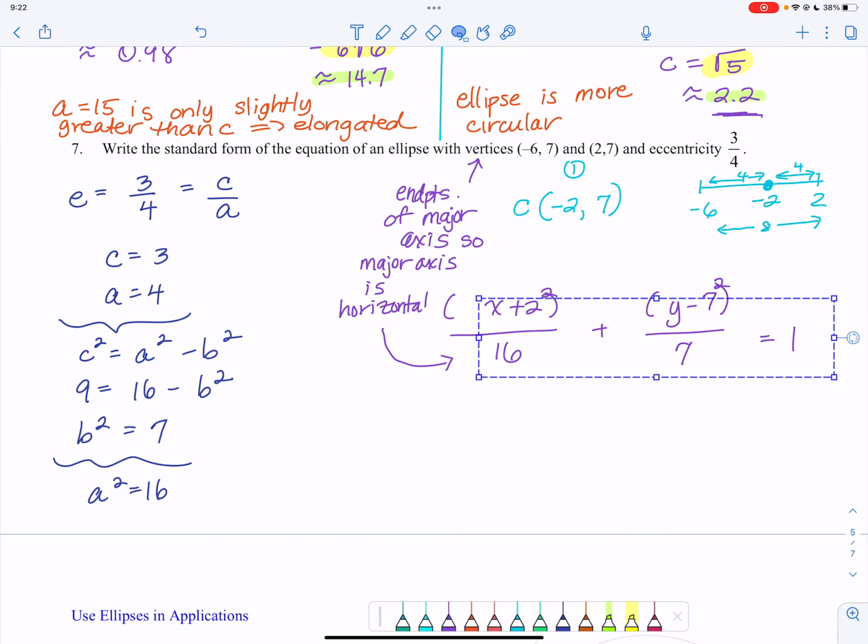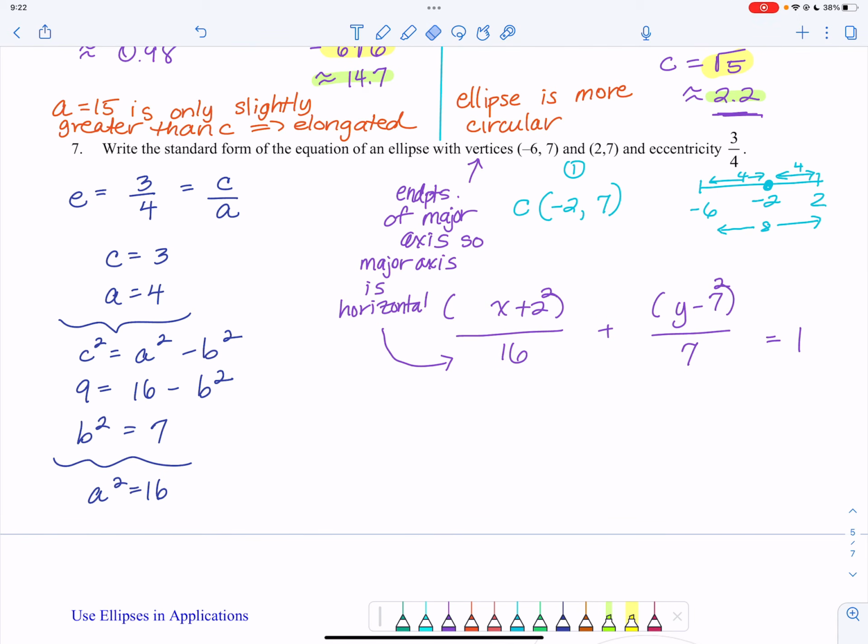So let me just move that over here. When I moved that, I didn't move the decimals. And there we go. Okay.